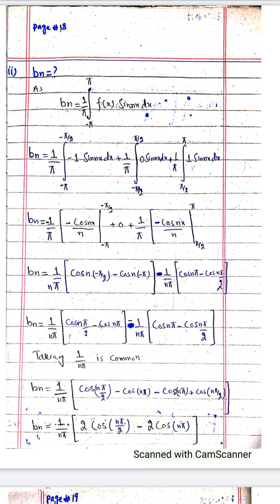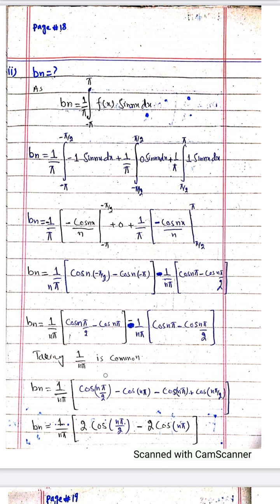this minus, this is minus, so minus, and this minus will absorb this sign, because cosine is an even function. I already told you. So 1 over n pi, cos n pi plus minus cos n divided by 2.